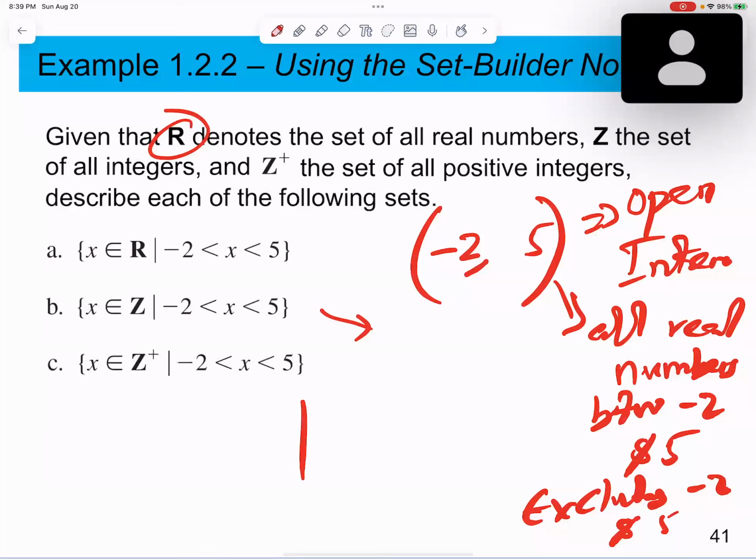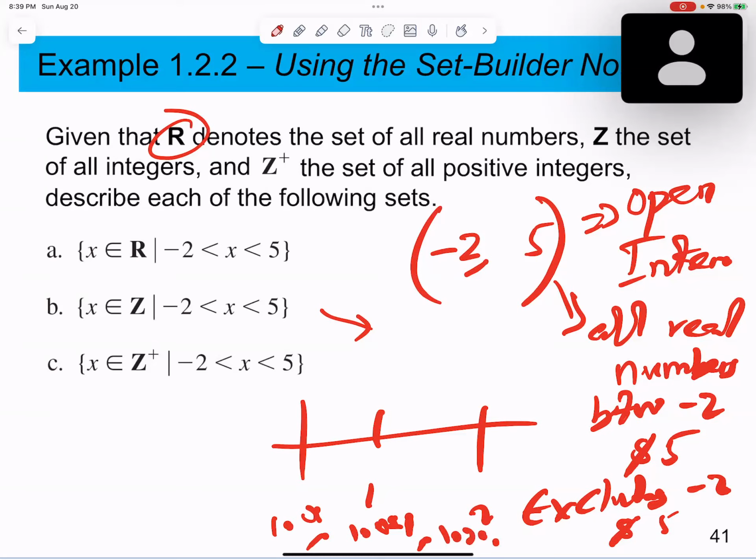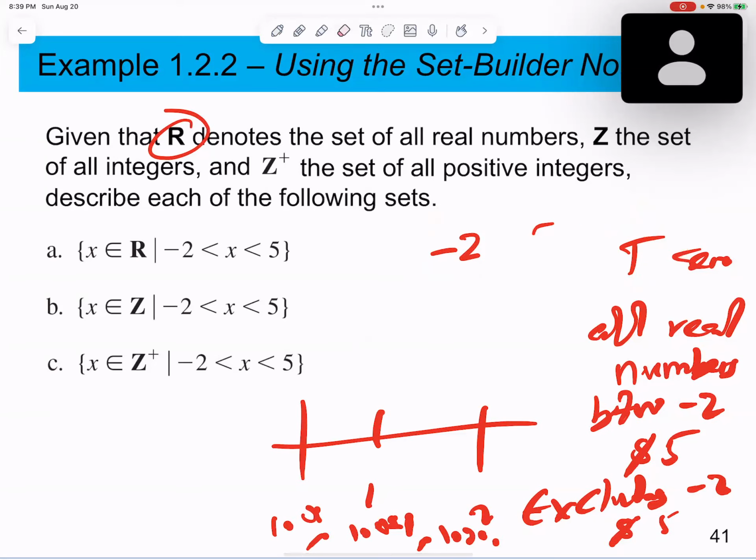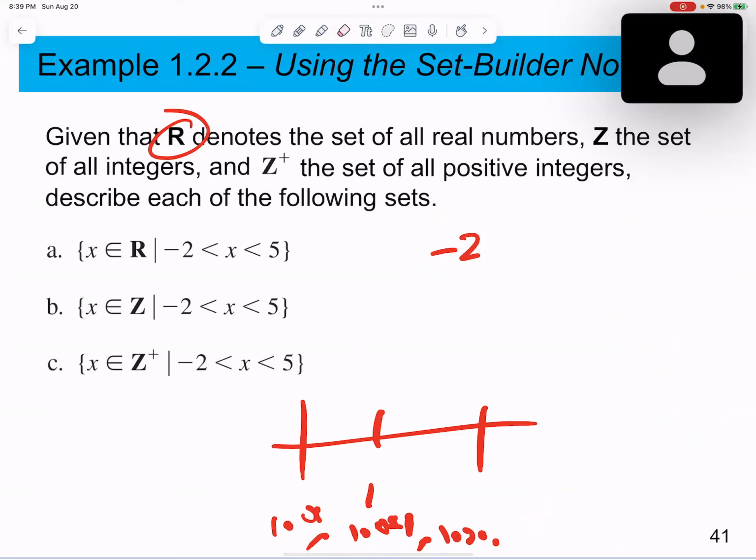For instance, if you have from 1 to 2, you can have 1.01, you can have 1.0001, you can have 1.214. You can keep listing them forever. You cannot exhaust the membership. Okay, that's that.